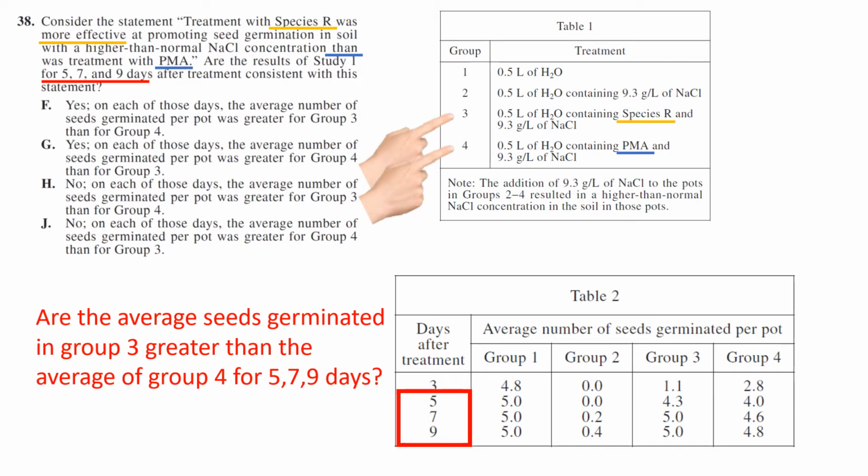So this is really asking, if you want to put it in simpler words, are the average seeds germinated in group 3 greater than the average of group 4 for 5, 7, and 9 days? So there's group 3 and group 4. So let's compare each one. So day 5, 4.3 is greater than 4. Day 7, 5 is greater than 4.6. Day 9, 5 is greater than 4.8. So the answer would be yes, they were greater for group 3, so F.